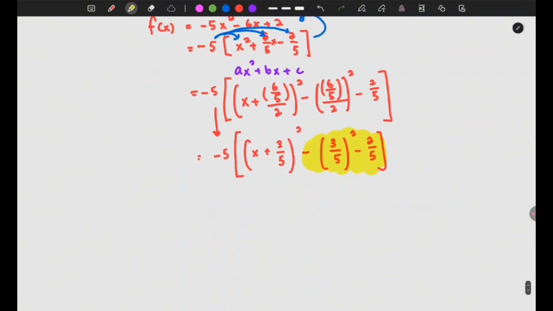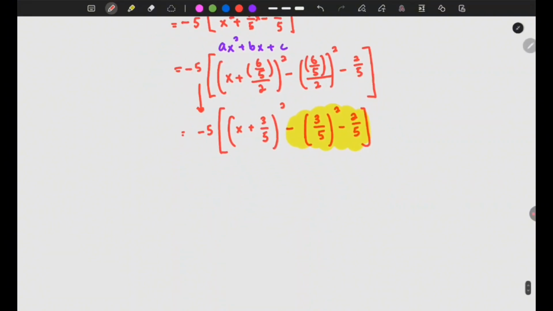And x plus 3 over 5 square, maintain, don't do anything. And don't forget the bracket. And obviously the negative 5. And last, you just need to times in the negative 5 back. Times here, times here. So for this one, you don't have to expand back.